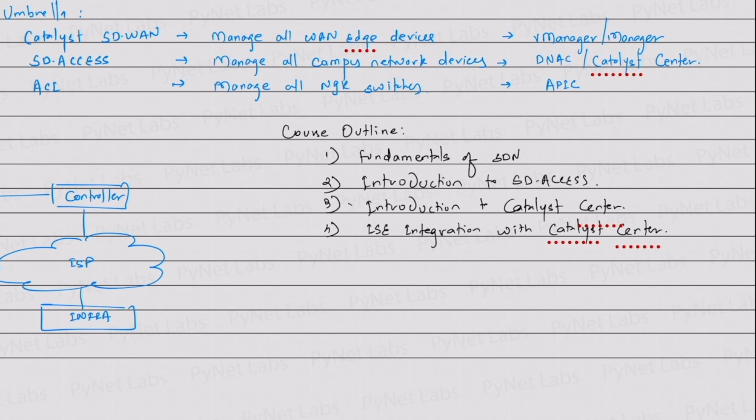So we're going to learn about that. We'll also learn about the host onboarding along with the ISE policies and all that stuff. And post that, we will jump into the SD-Access operations and troubleshooting.